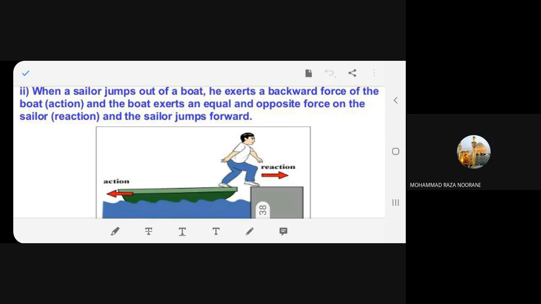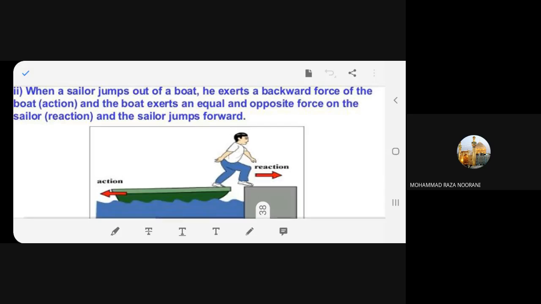Understood now? It may be you. For example, we are on the boat. As soon as we go ahead, what happens? The boat moves back. So, when the sailor is giving a backward force, that is the action, then he can move forward.